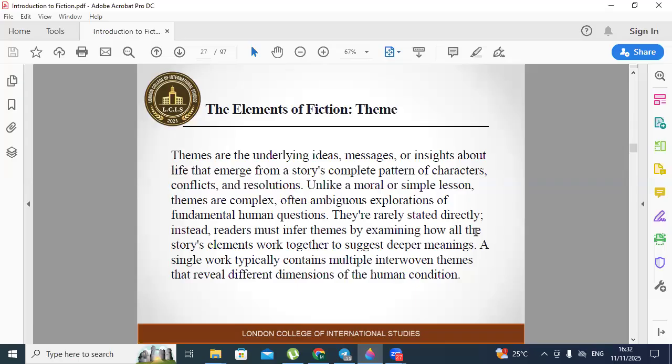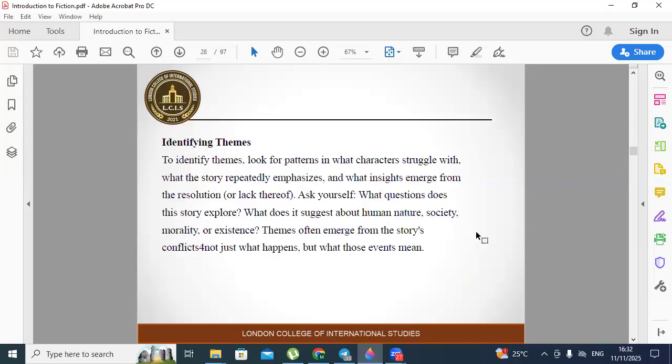They're rarely stated directly, and instead, readers must infer themes by examining how all the story's elements work together to suggest deeper meanings. A single work typically contains multiple interwoven themes that reveal different dimensions of the human condition.